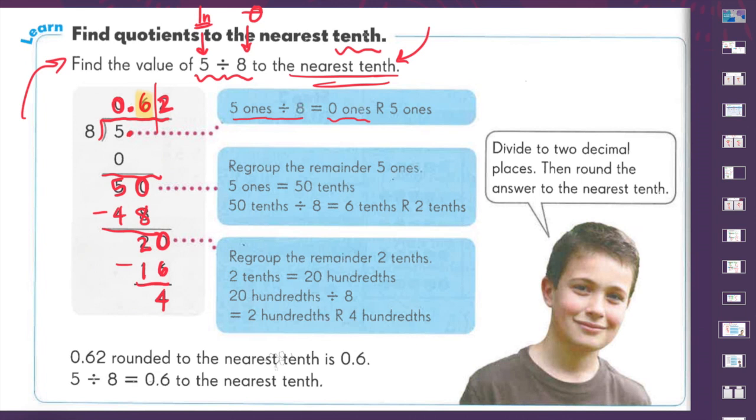So remember our little saying, 5 or above, give it a shove. 4 or less, let it rest. We're going to use the hundredths place to help us know what to do. So looking at the hundredths place, we have a 2 knocking on the back door, and it's 4 or less, so we're just going to let that 6 tenths rest. So 5 divided by 8, when rounded to the nearest tenth, is 6 tenths.